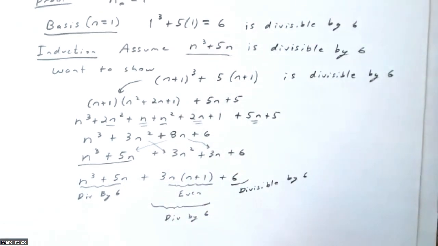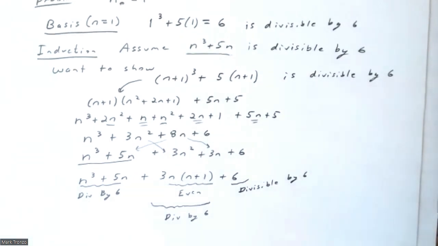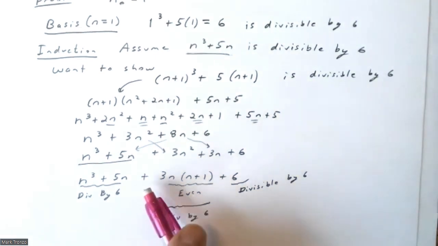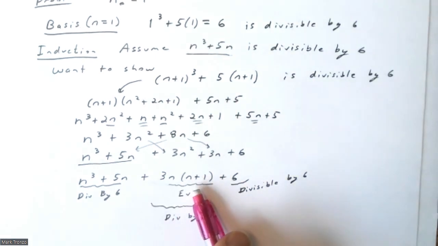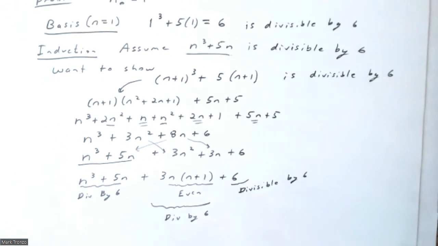Because if you have n times n plus 1, one of those is going to be odd, one is going to be even all the time. And an even times an odd is always even. So you're going to have 3 times an even number that has to be divisible by 6.